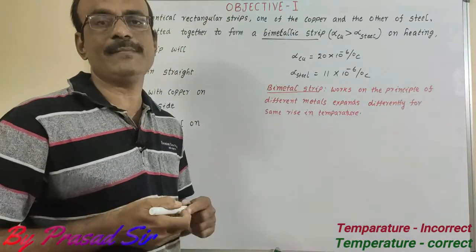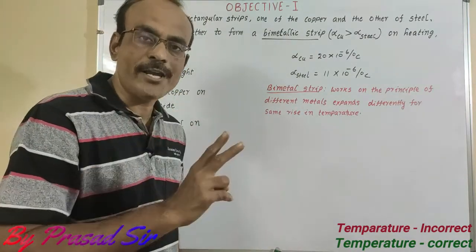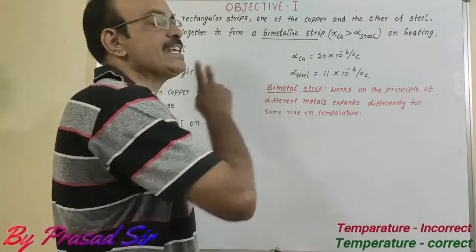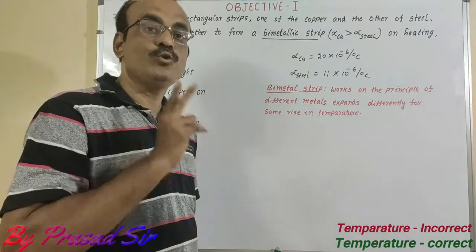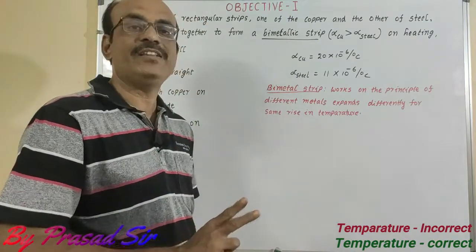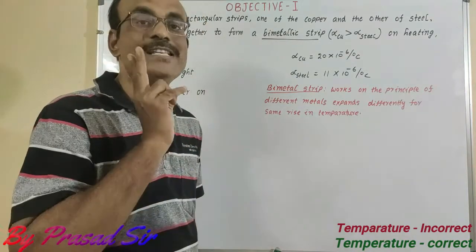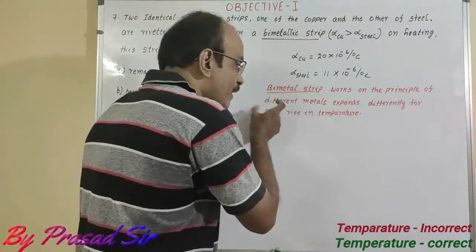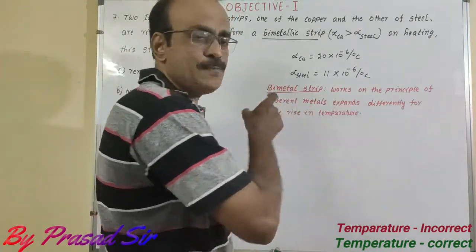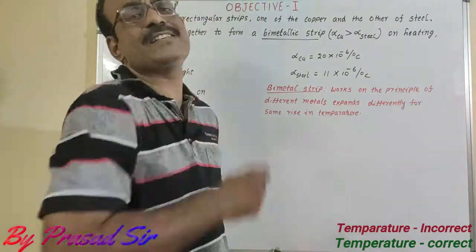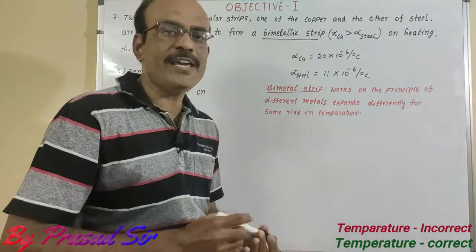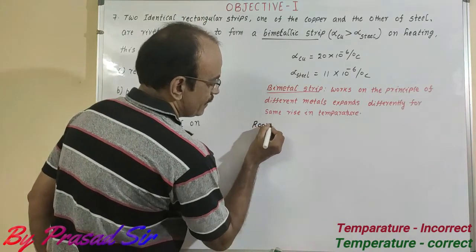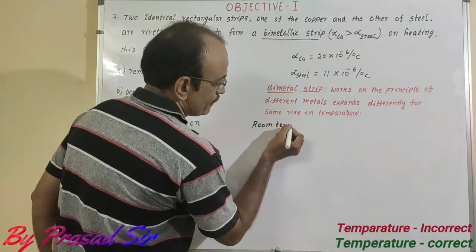A bimetal strip is nothing but two metals joined, having different coefficients of linear expansion, so they expand differently for the same rise in temperature. So a bimetal strip works on the principle that different metals expand differently for the same rise in temperature. Now first of all I will take it at room temperature.